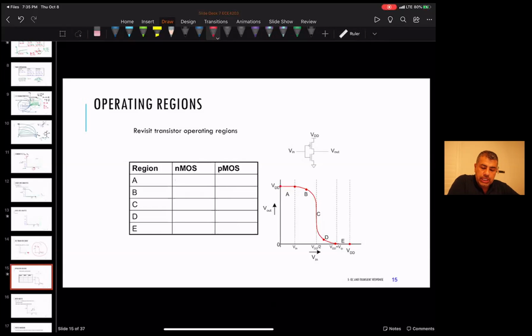For each one of these points, A through E, try to write down what operating region each of these transistors, the NMOS and the PMOS, is in: whether it's in cutoff, saturation, or linear mode. Why don't you take a shot at that for a couple of minutes.